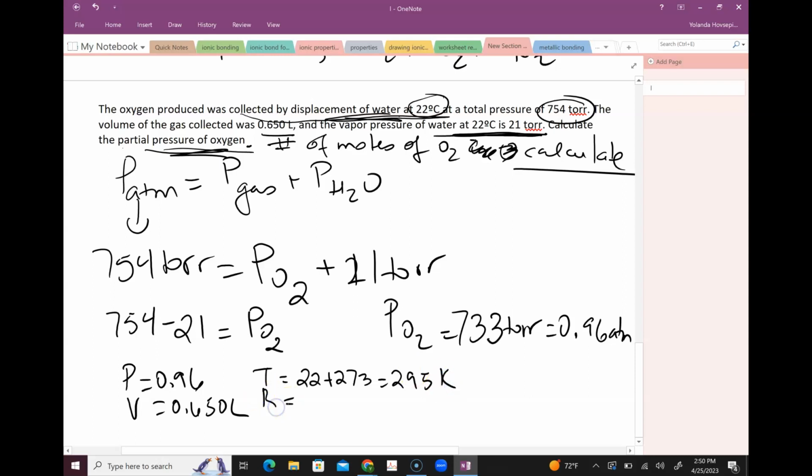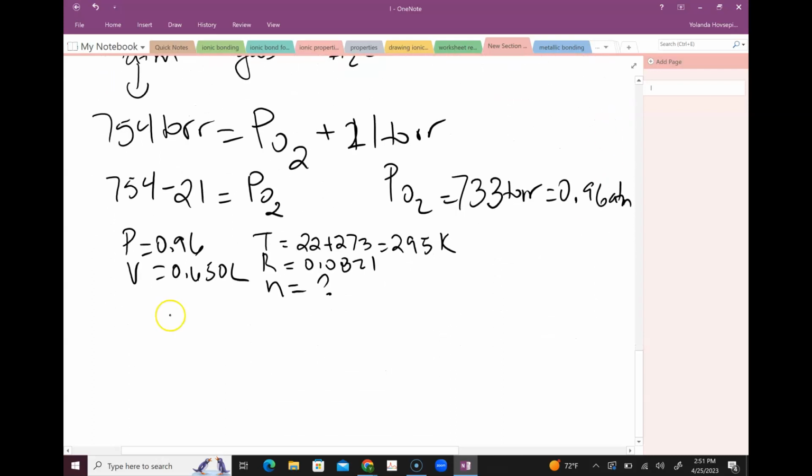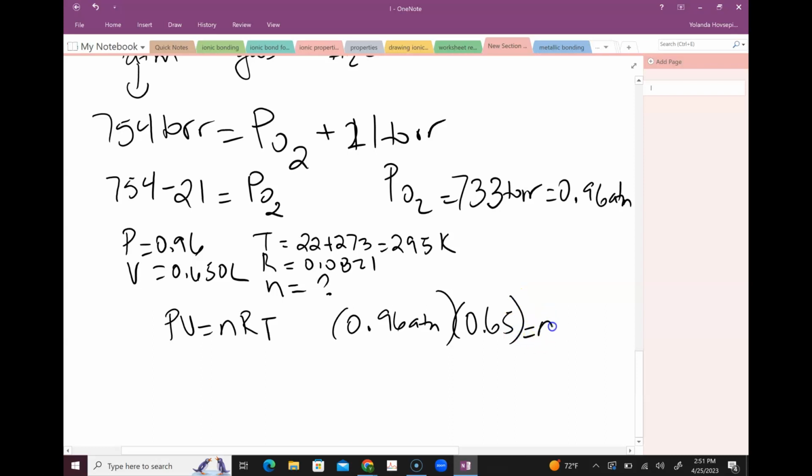We already know R. R is a constant. And we are looking for n. So all we're going to do is plug in to PV equals nRT. So we're going to plug in 0.96 atm times 0.65 equals n. R is R. I'm not going to write it out. Times 295.